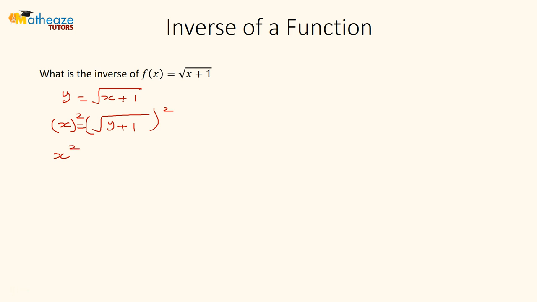So x squared equals y plus 1. We subtract 1 here, subtract 1 here. So x squared minus 1 equals y. So therefore, f inverse of x is equal to x squared minus 1.